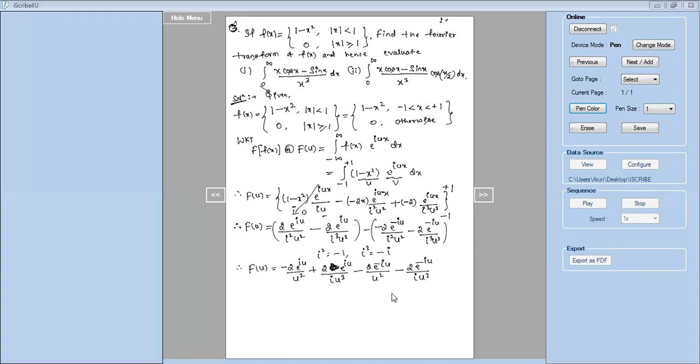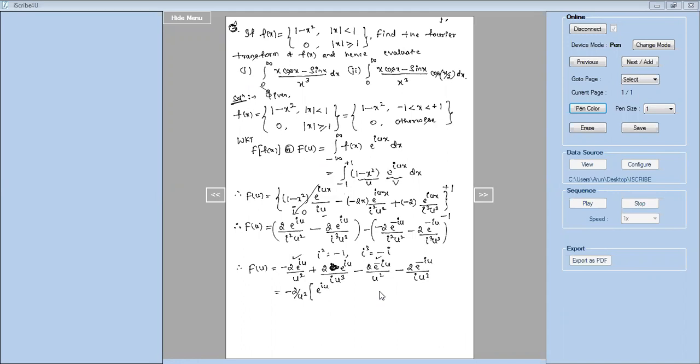Now check if any term gets cancelled. No, nothing gets cancelled here, right? So let us simplify this. Here also minus 2 by u square, minus 2 by u square. I can take minus 2 by u square outside as a common term from the first term and the third term. So what is remaining?